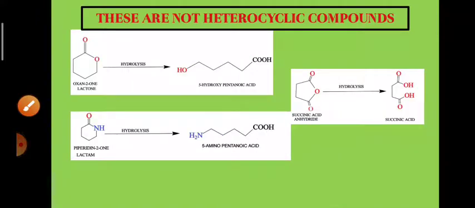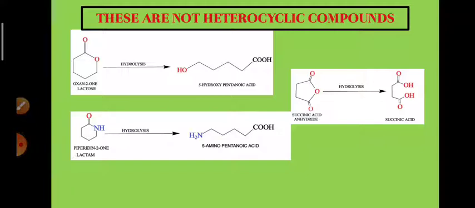Some compounds are not considered heterocyclic compounds even though they contain other atoms like nitrogen, sulfur, phosphorus, and oxygen, because they easily undergo hydrolysis, the rings are broken, and they change into chain compounds.